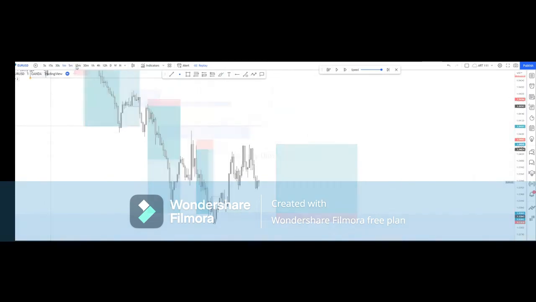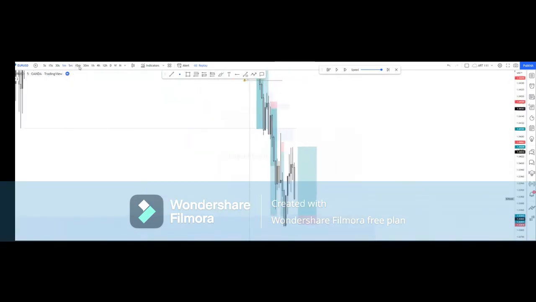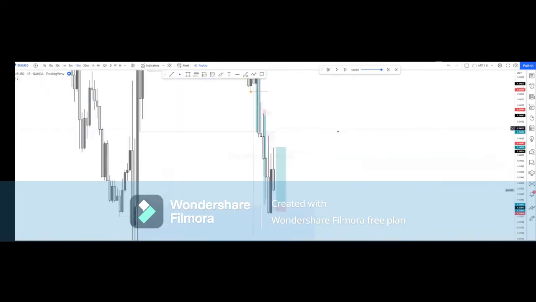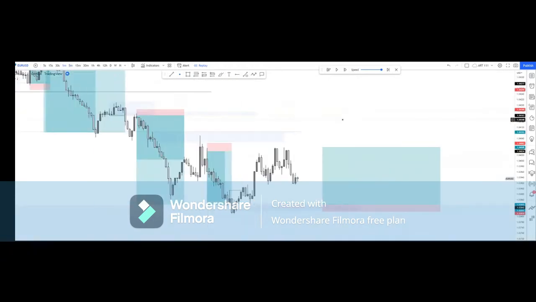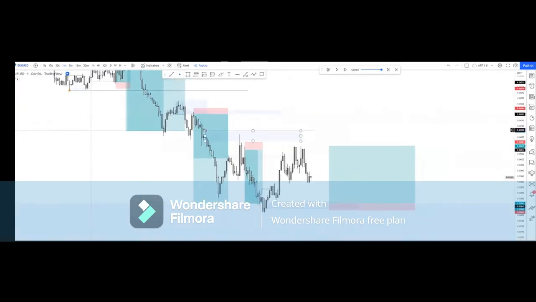So price is gonna feed it. It's feeding liquidity into something. So let me go to the 15-minute. Check the 5-minute.